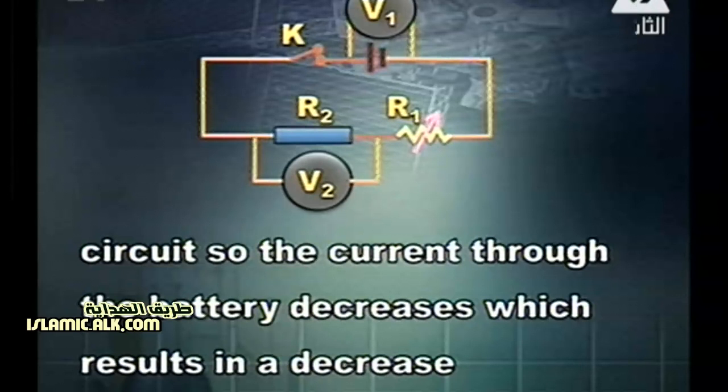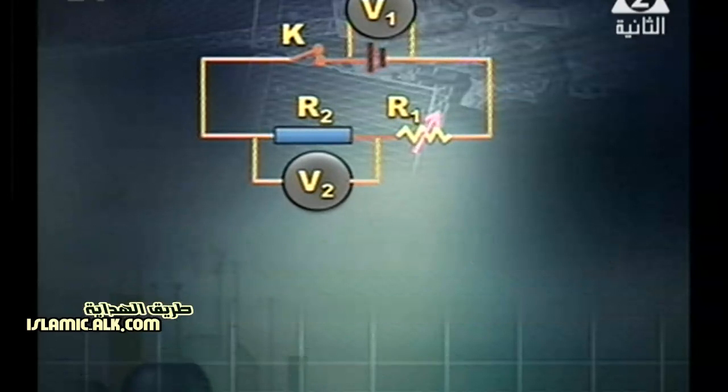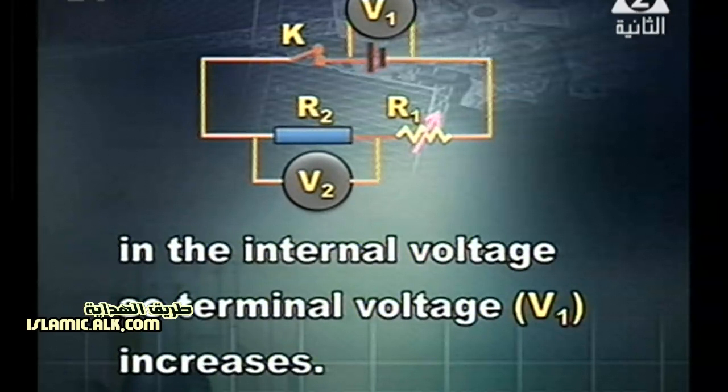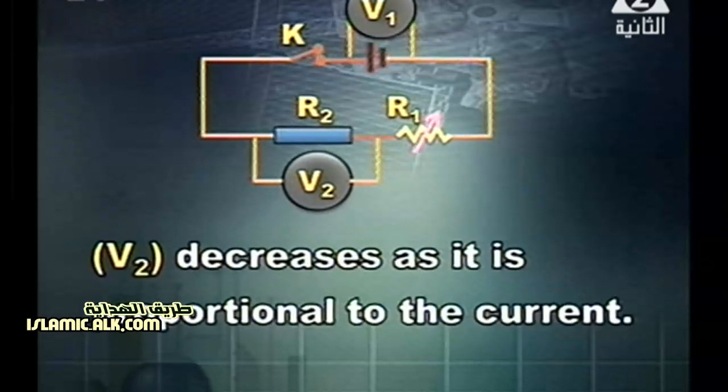So terminal voltage, denoted by V1, increases. And what about V2? V2 is the product of the current and R2. R2 is constant. What happened to the current? The current decreased, so V2 decreases. V2 decreases as it is proportional to the current.